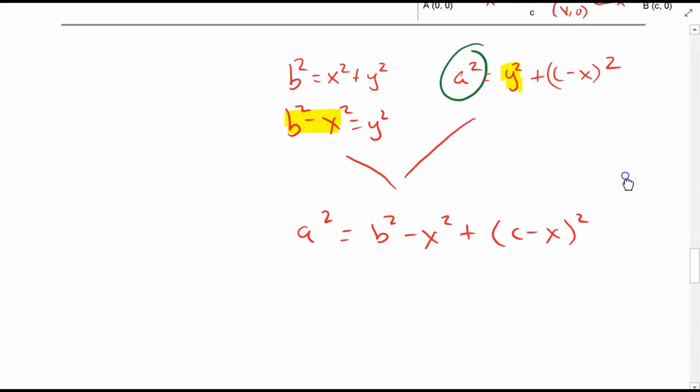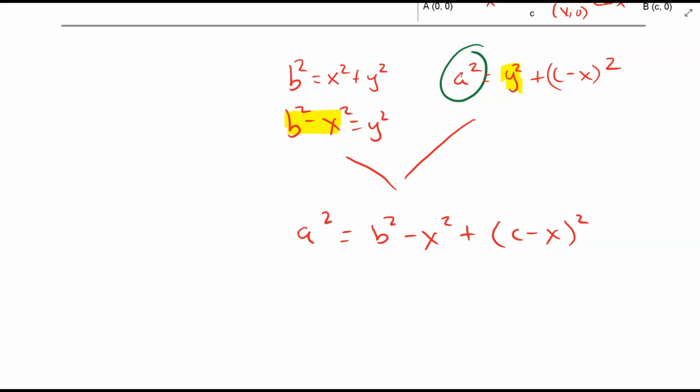Okay? Now what do you guys think we should do? I have the a squared. That's good. I have the b squared. Somehow the rest of this stuff I need to get a plus c squared and minus 2bc cosine A, right?